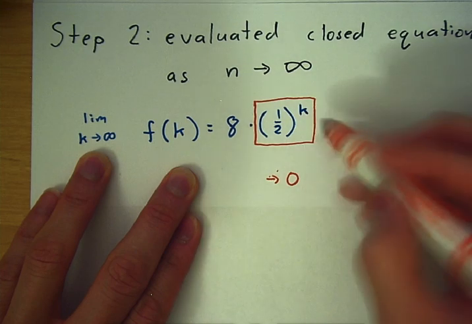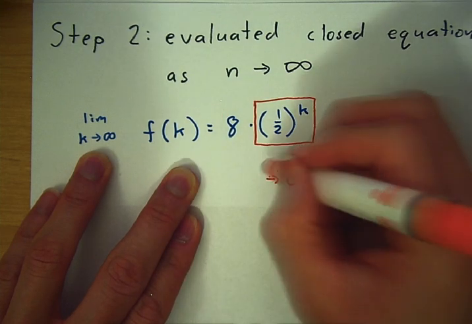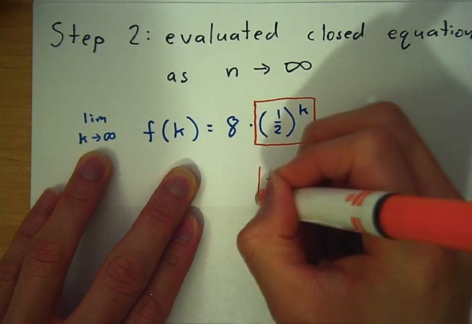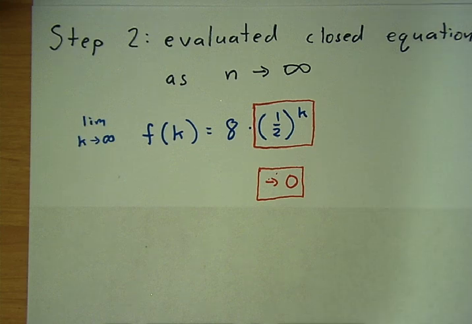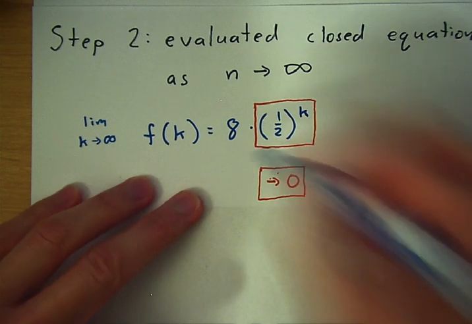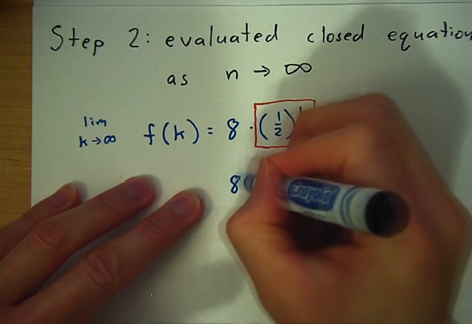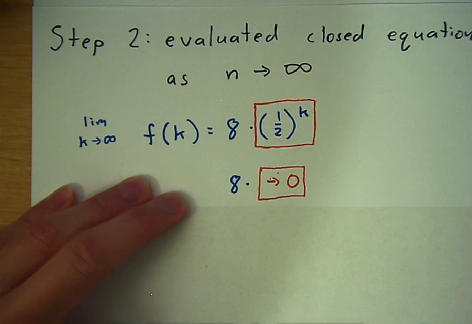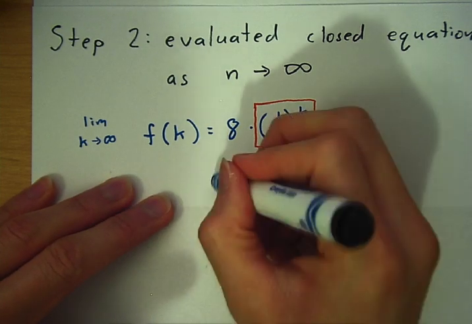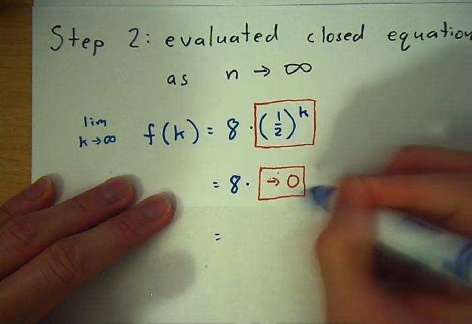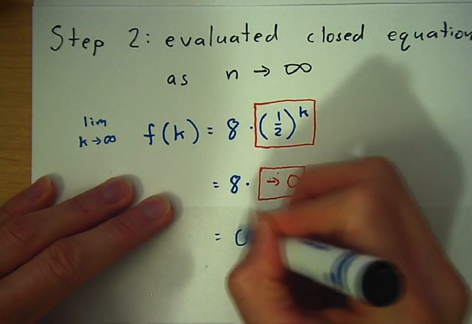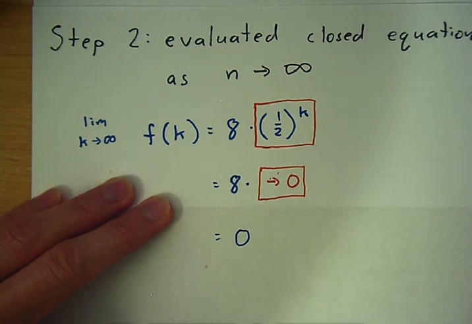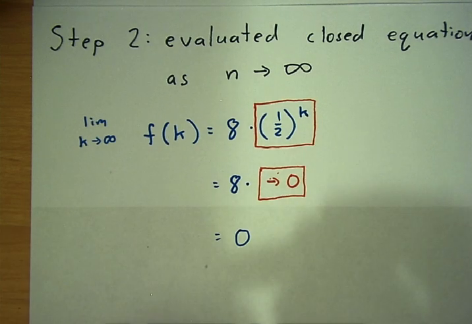So you end up having 8 times something going towards 0, which ends up going towards 0, because anything times 0 is 0.